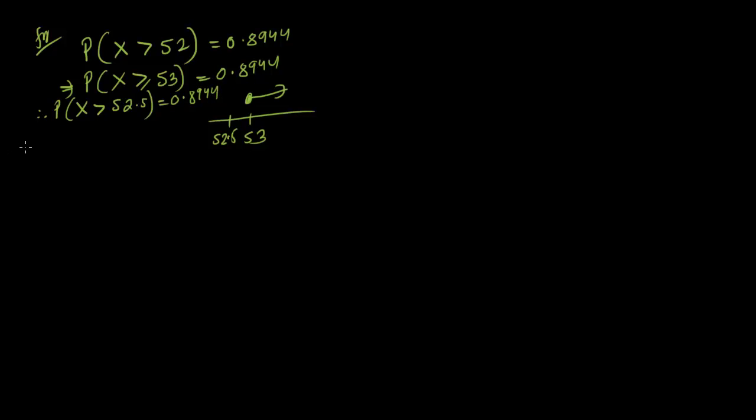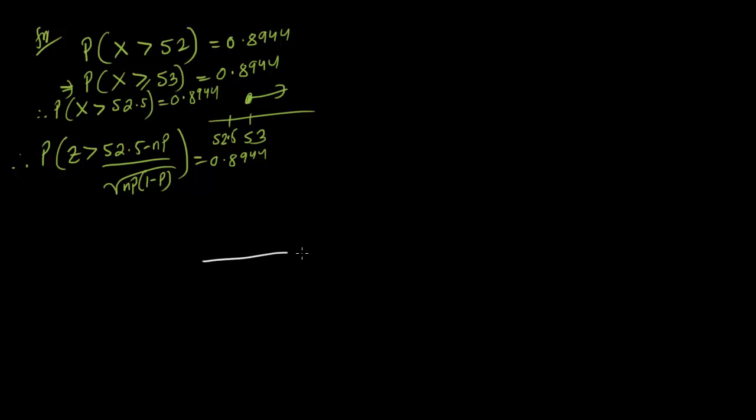Now we have to do the z-score. Therefore, probability of z is greater than (52.5 minus np) divided by square root of np(1 minus p), and that is going to be equal to 0.8944. And we have to draw the diagram again. This is the normal bell curve. So this is 0.